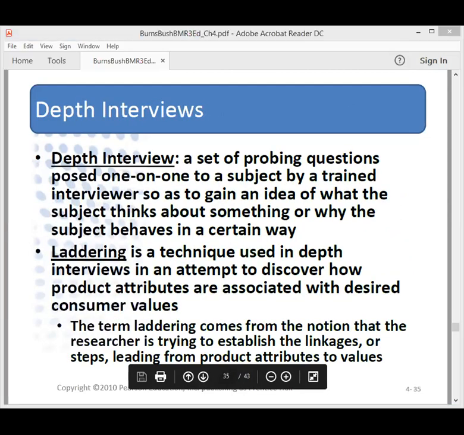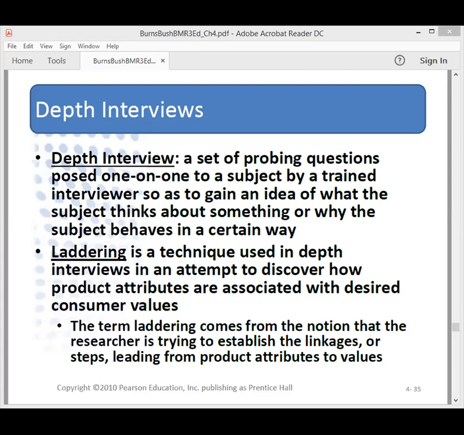Another type of qualitative research is in-depth interviews. This is a one-on-one interview where you ask probing questions to get at what the subject thinks about something like your product and why the subject behaves certain ways with respect, in this case, to your product.